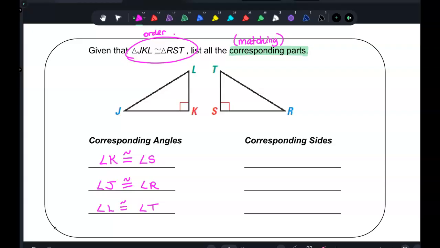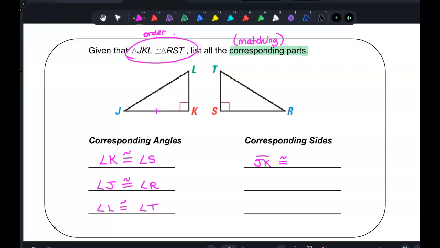Okay, now we're going to do the sides. So sides have two letters. I'll start off with the first one. I'll do JK. And okay, so JK, this side has to match up with what side over here?